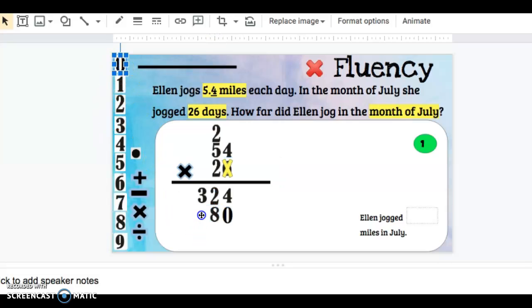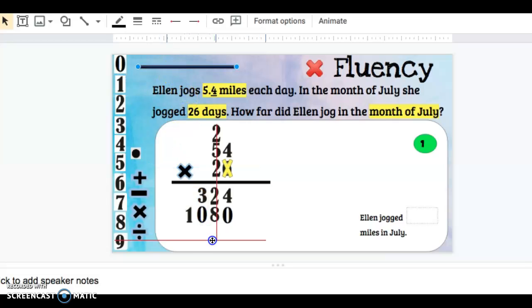And you line up your digits based off their place value. Okay, so now once you've done that, you begin to add those two numbers up.